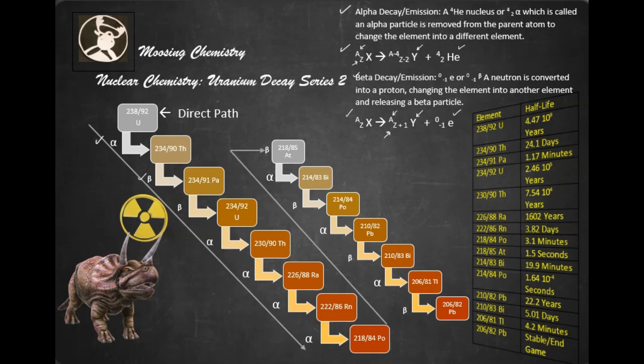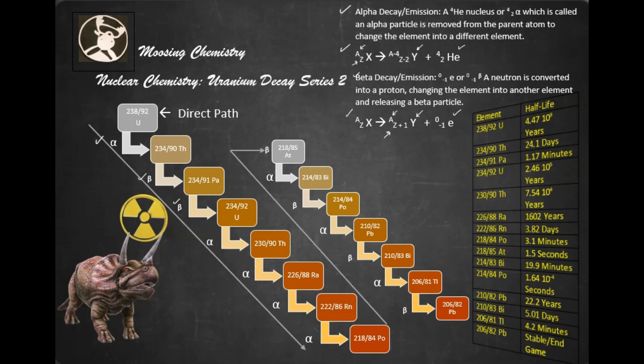All right, so thorium-234 undergoes beta decay and becomes element number 91, which is protactinium, and it's called protactinium-234. Protactinium undergoes beta decay again and becomes uranium-234.